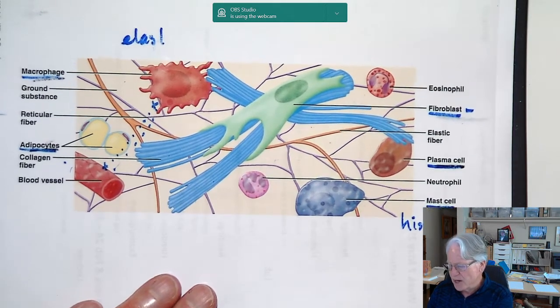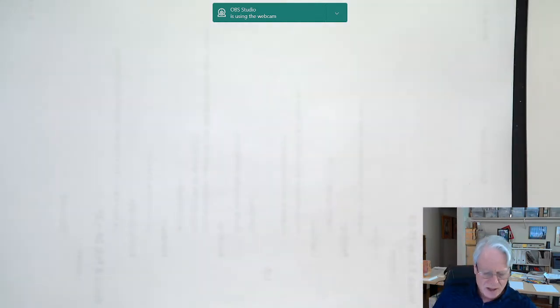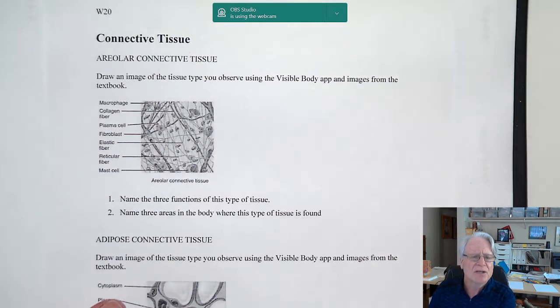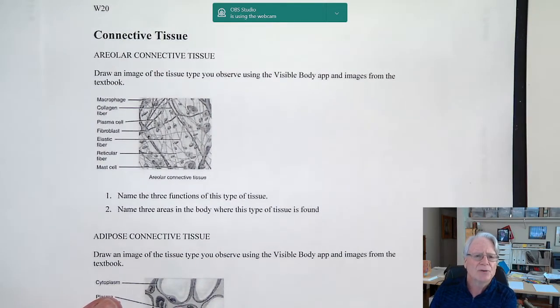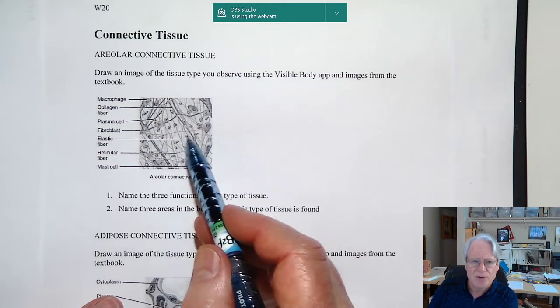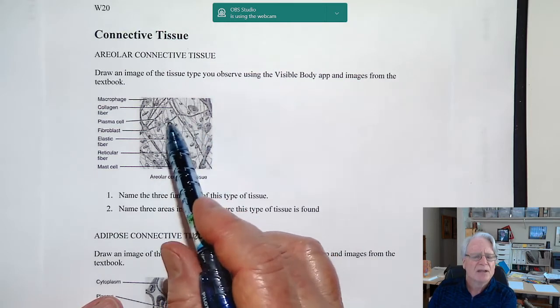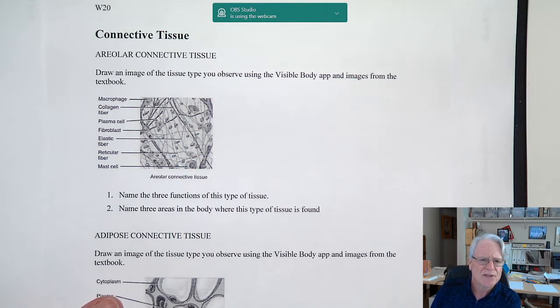So with this as a background, let's go ahead and look at our first example of connective tissue. And if you have your lab handout in front of you, you'll see that's areolar connective tissue. And well, I'll show you a better drawing than this, but this is a basic view of what areolar connective tissue is.